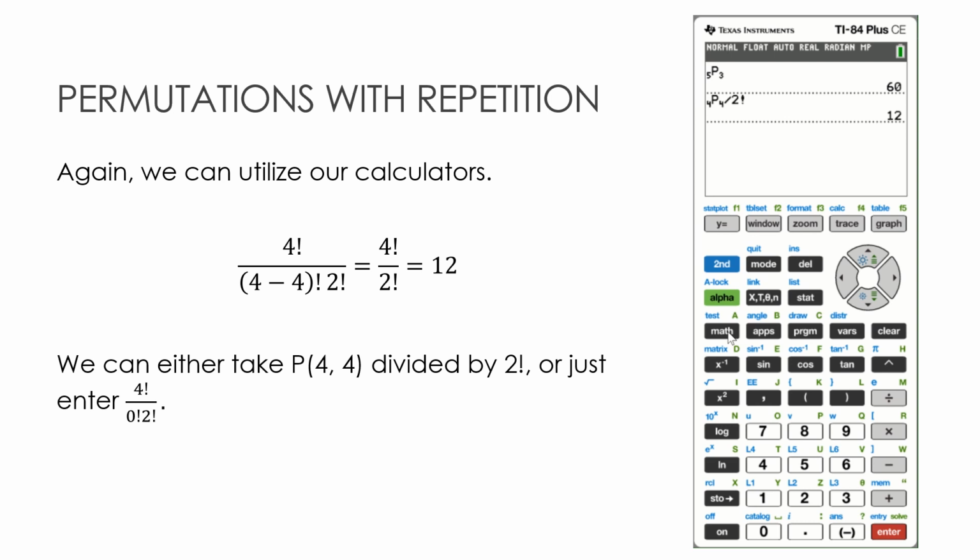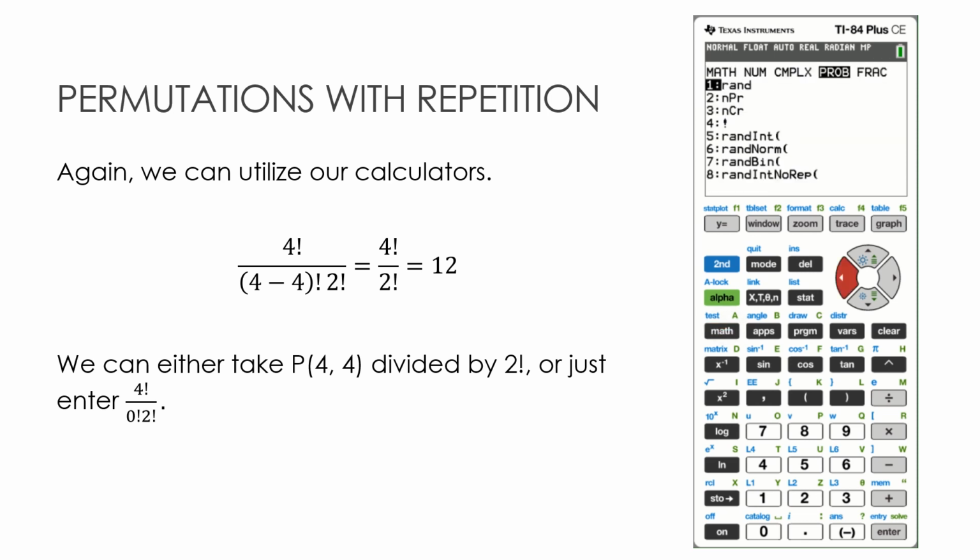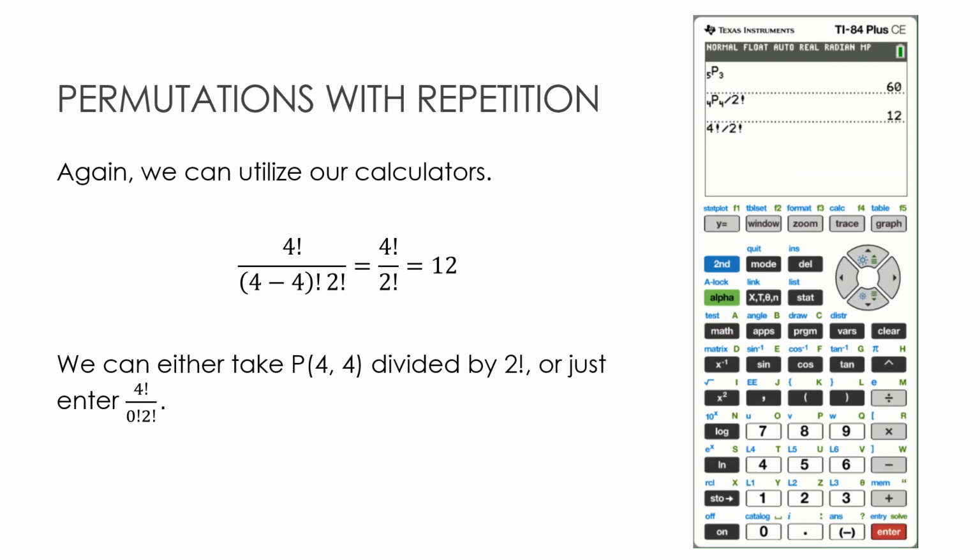So I can do that to get the 12 that I had found before, or because I know the formula for permutations with repetition, I can also just type it all in myself, which is 4, math, probability, factorial, and then divided by, and then 0 factorial I'm not even going to bother with, and then 2, math, probability, factorial.